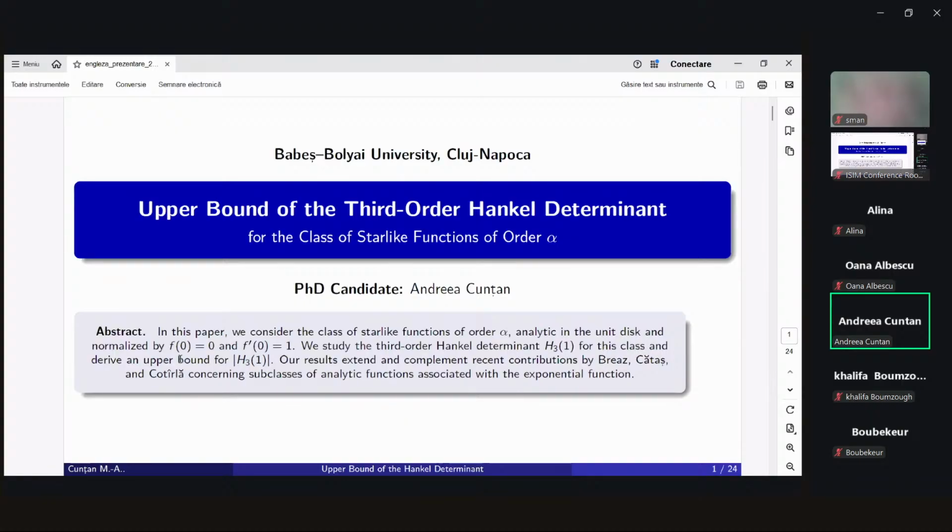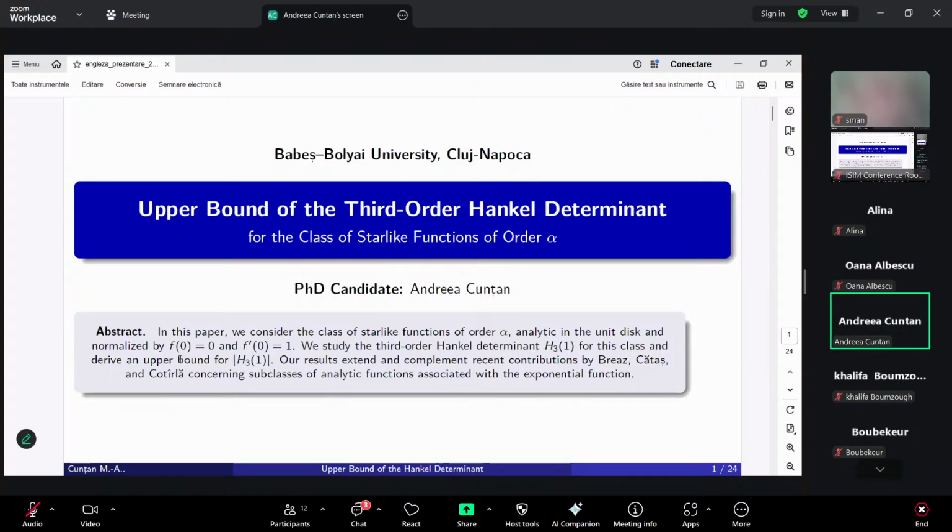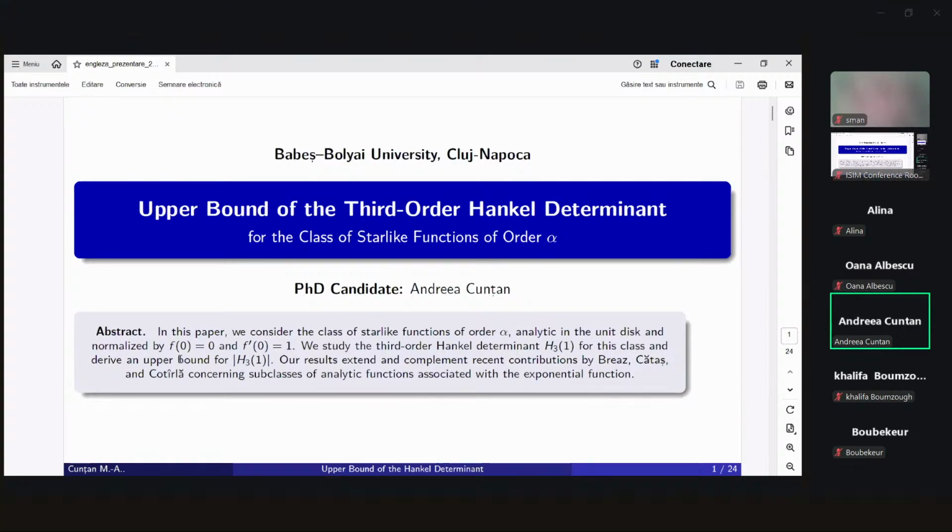We study the third order Hankel determinant H3(1) for these classes and derive upper bounds for the absolute value of H3(1).